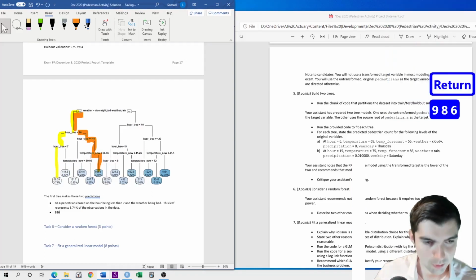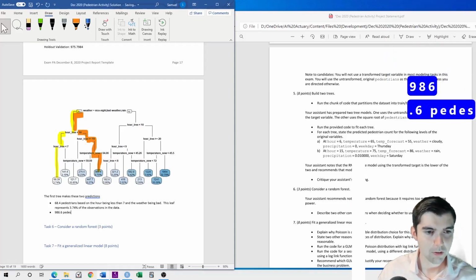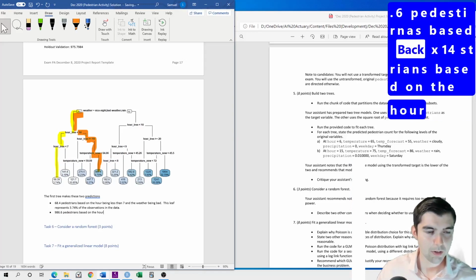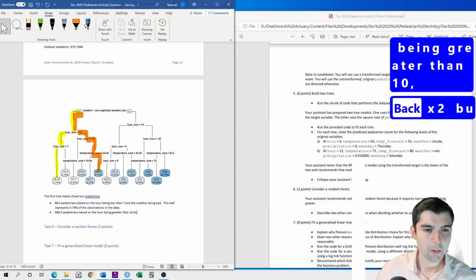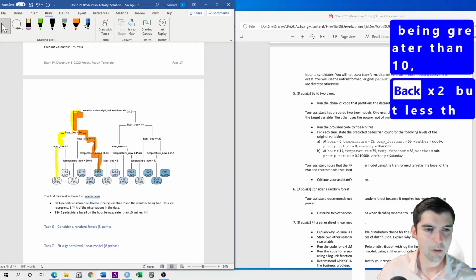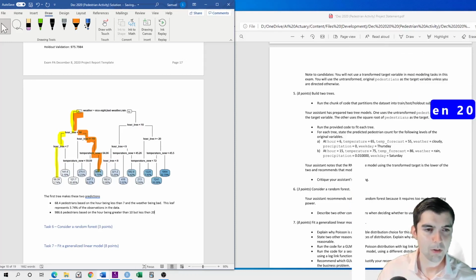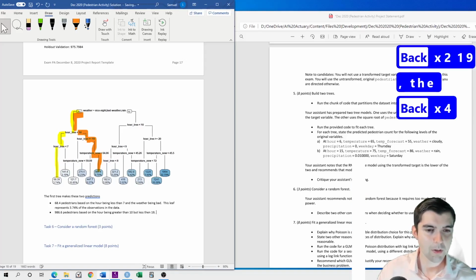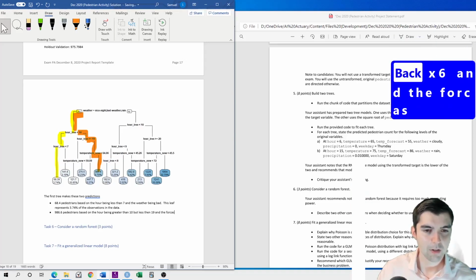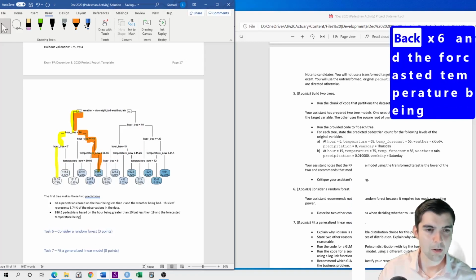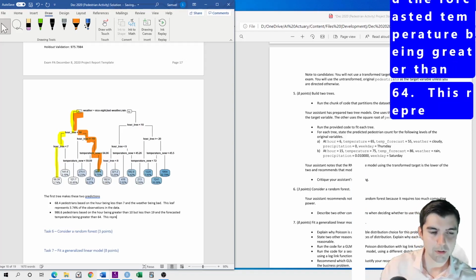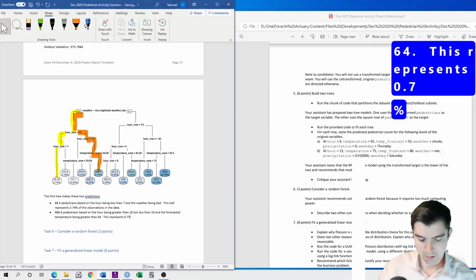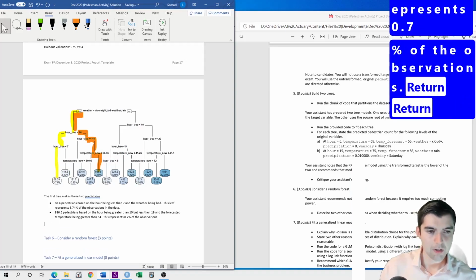And this is 986.6 pedestrians, based on the hour being greater than 10 but less than 19, and the temperature forecast being greater than 64. This represents 0.7% of the observations. Okay, now we have to do this for the other tree.